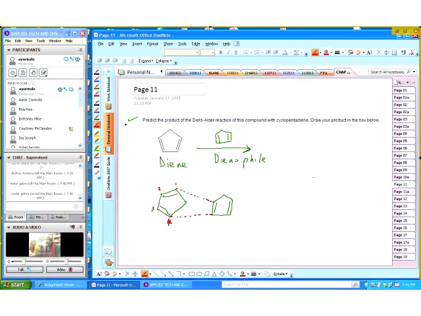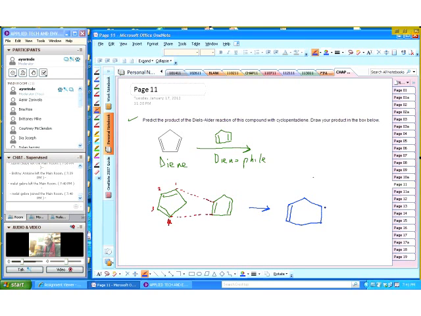Okay, so the product therefore will be this here. Just draw it this way. Let's draw our 6-member ring, the 6-member ring from the Diels-Alder reaction, which means that the double bond is here.